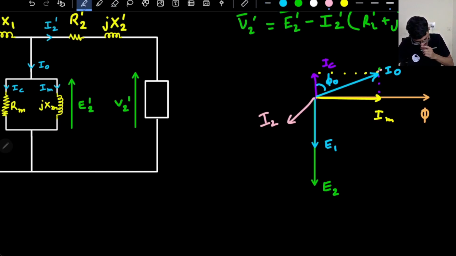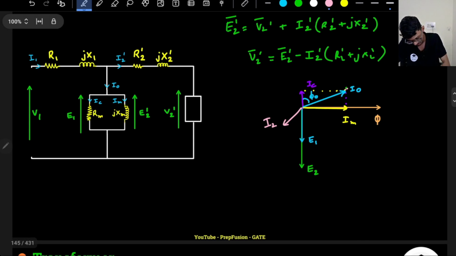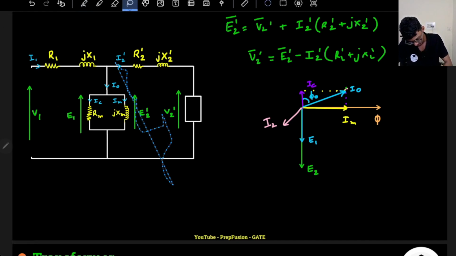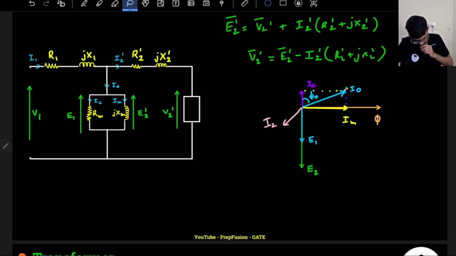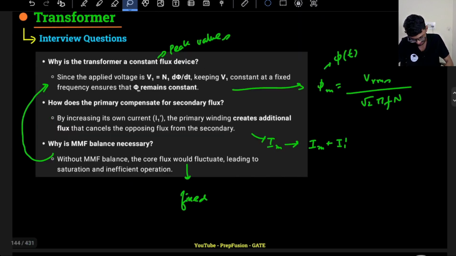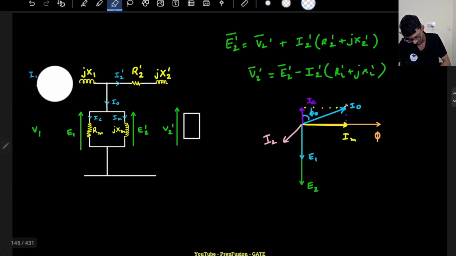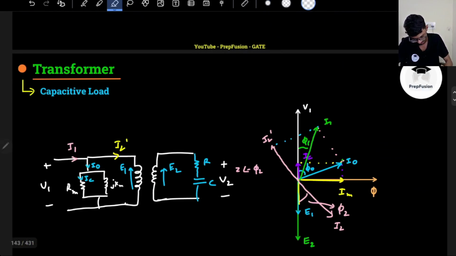Okay, so I2 is a lagging load. This is not exactly correct actually, because let us not use the referred impedances, else you will get confused again. I don't want you to get confused. So let me bring that circuit. That circuit will be the best.